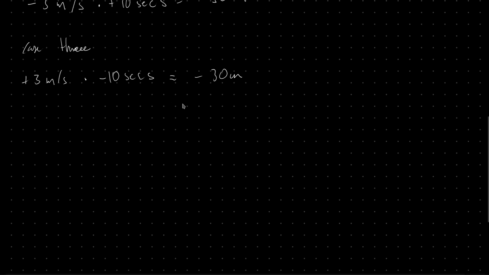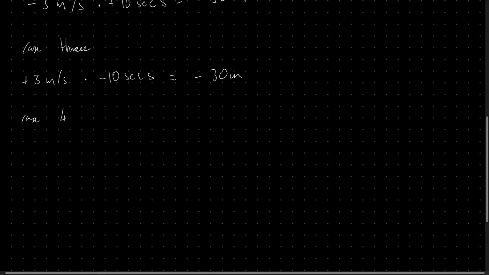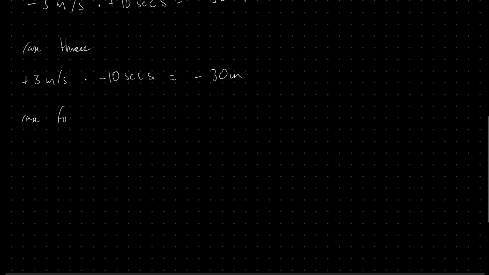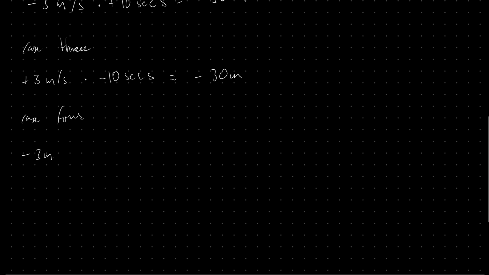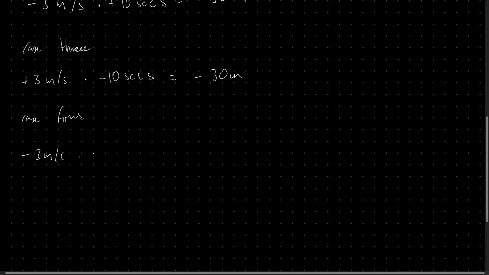Now for the last case, the cyclist is traveling to the left. Where were they 10 seconds ago? So here we have negative 3 meters per second times negative 10 seconds.